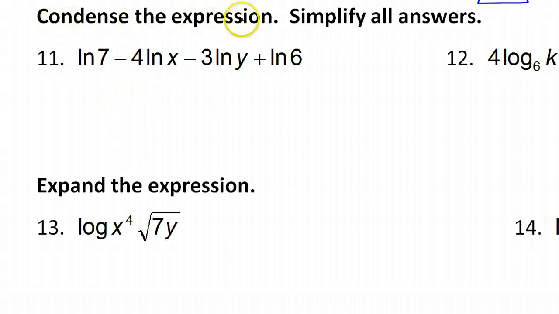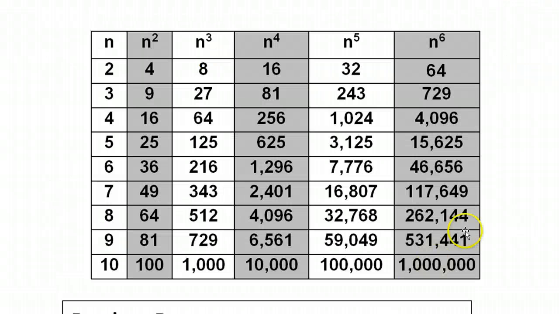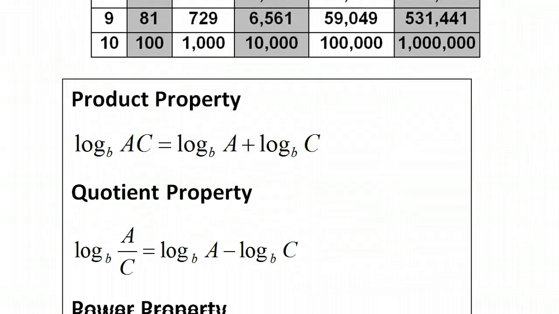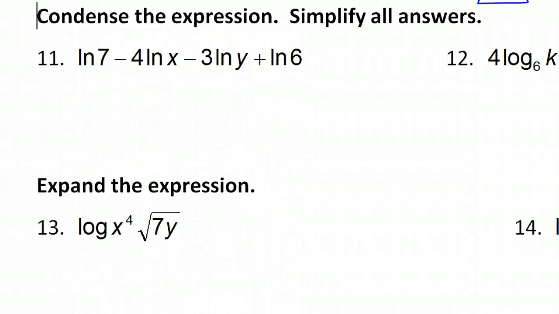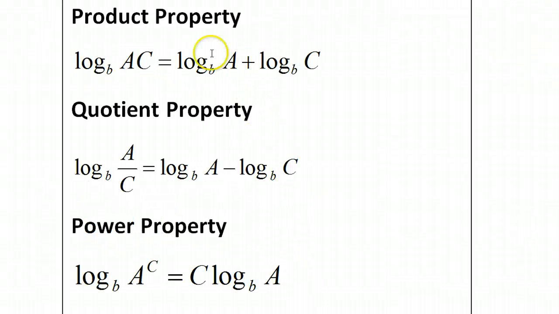Okay, condensing expressions. So we're going to be using our properties of logarithms. And condensing means we're going to go from this form to this form. Okay? Now, for this problem, you see the minuses and the plus. That means we're going to be using a combination of the product property and the quotient property.